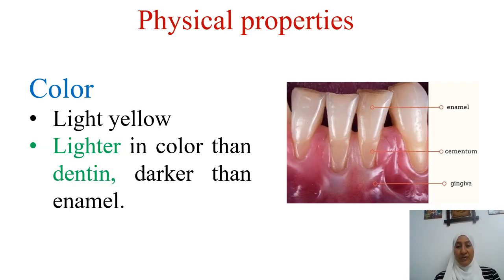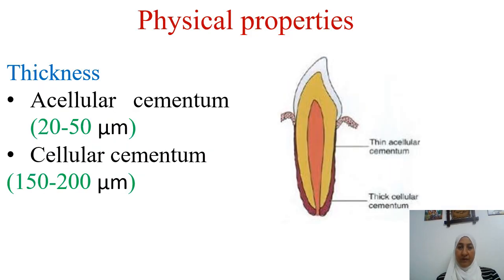Regarding the physical properties of cementum, as we see in this clinical picture, the cementum is yellow in color, lighter than dentin, but darker than enamel. Regarding thickness, as we see here, the cementum is very thin toward the cervical portion of the root and gets thicker toward the apex of the root.